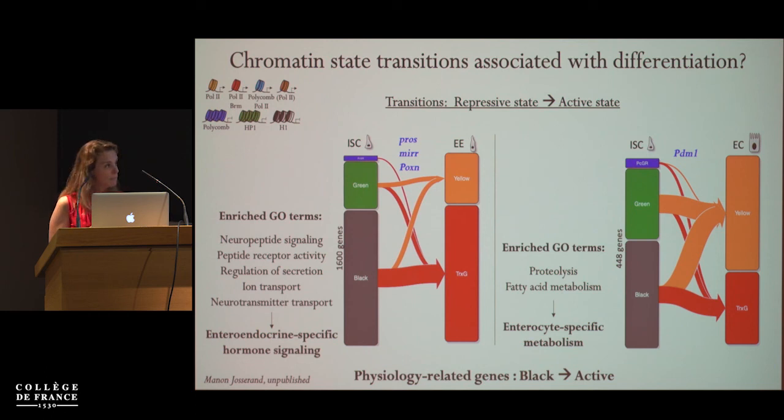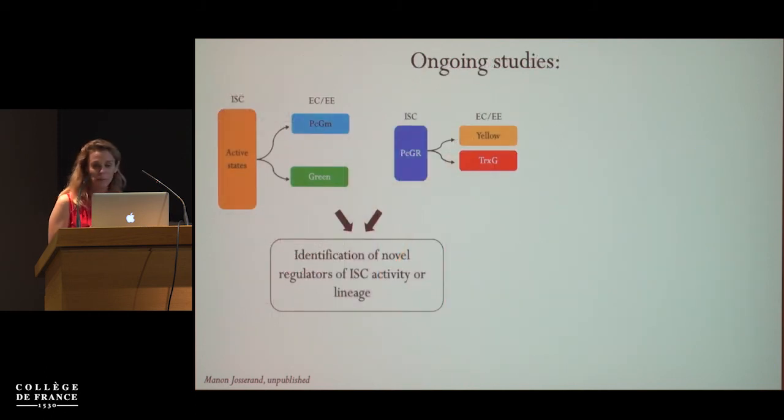So that's where we are right now for the moment. I'm just going to give you a flavor for what we're using these data for and what is currently ongoing. So we're using these primarily in two different ways. The first is that I told you that we know that genes that are really critical for the lineage, for example, are following this polycomb repressed state to an activated state.